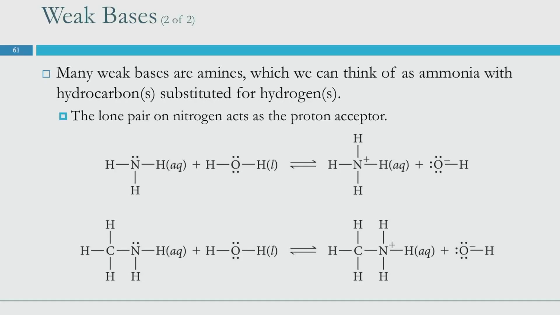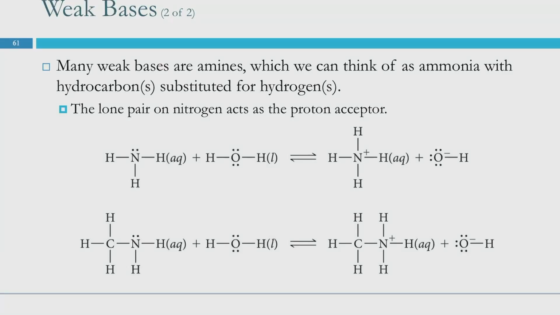As mentioned, a lot of these are amines. We can think of those as ammonia, NH3, with hydrocarbon or multiple hydrocarbons substituted for a hydrogen or multiple hydrogens. And the reason that these act as weak bases is that they've got lone pairs.